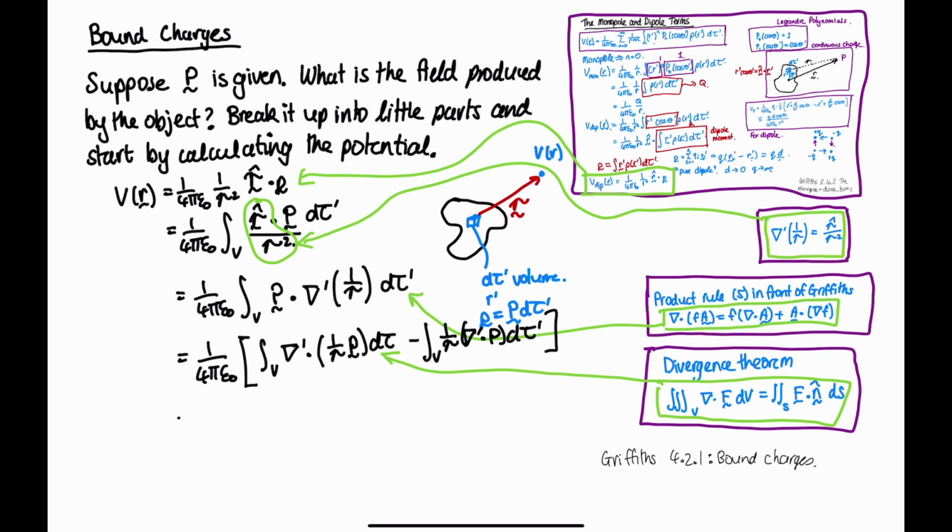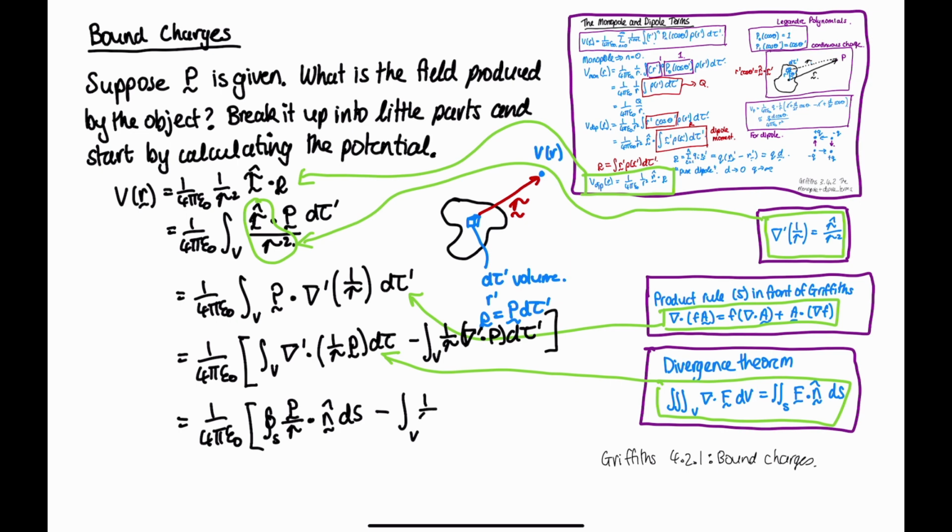So this is equal to 1 over 4 pi epsilon naught times my surface integral, and this is over a closed surface of our field, which in this case is the polarization divided by curly r, dotted with n ds, and then we'll keep this other part of the integral as it is.